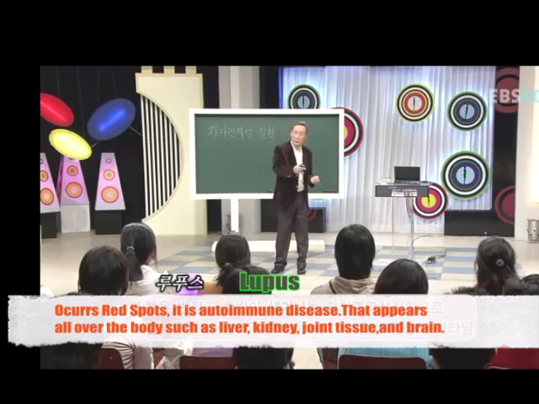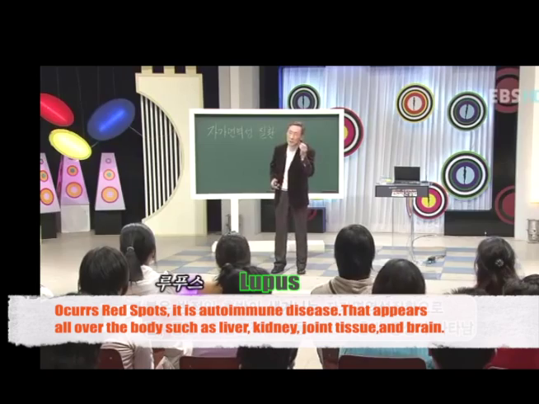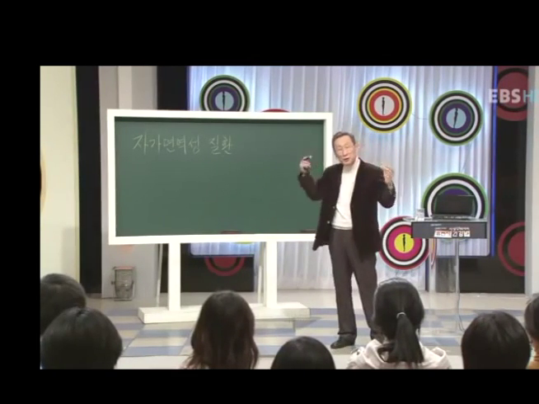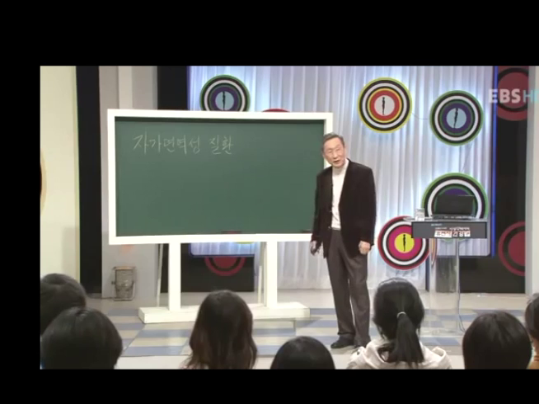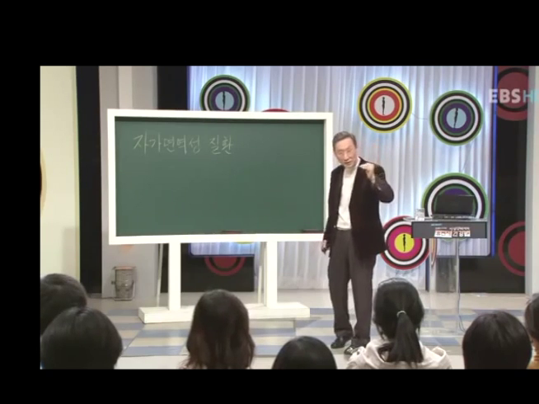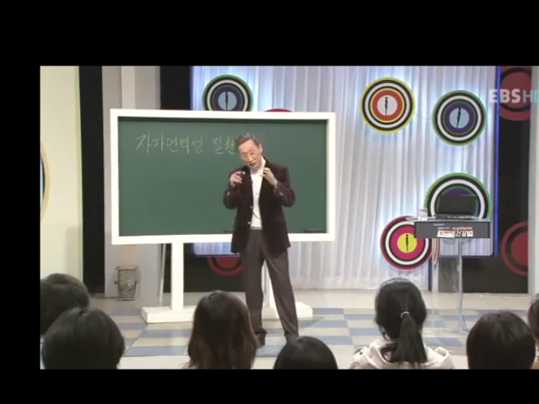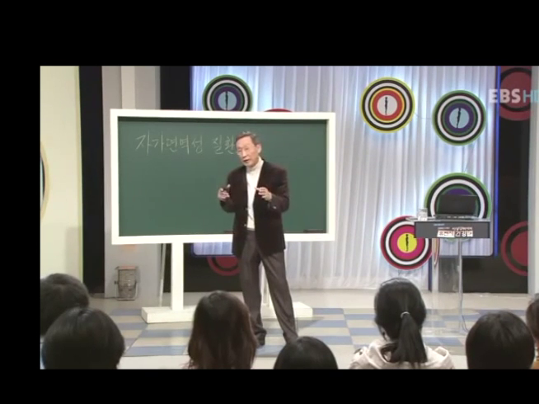They destroy the capillaries, so the area is bleeding, producing a red spot we call erythema. So this erythema can occur in the liver, kidney, joint tissue, and in the brain. Because erythema occurs on the whole body, once it occurs, the capillaries in that area are destroyed.